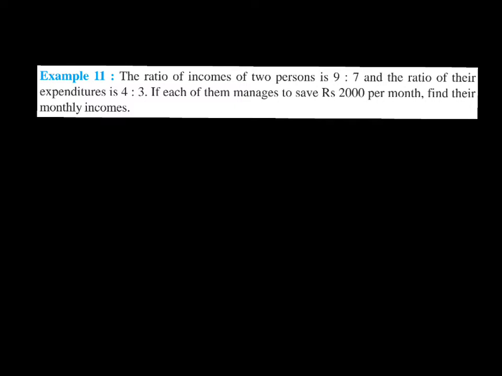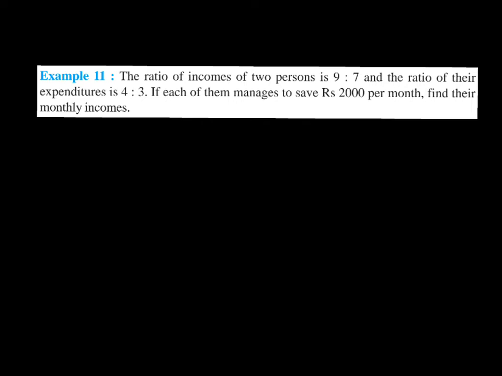Let's try this example. The ratio of incomes of two persons is 9:7, and the ratio of their expenditures is 4:3. If each of them manages to save 2,000 rupees per month, find their monthly incomes.